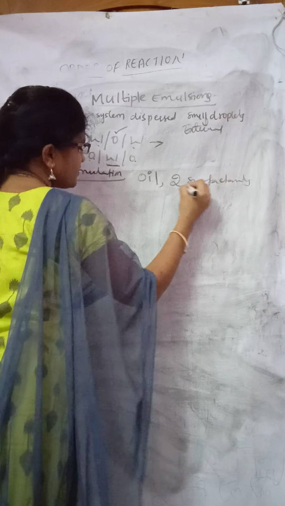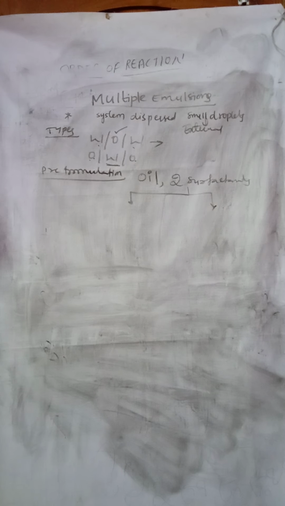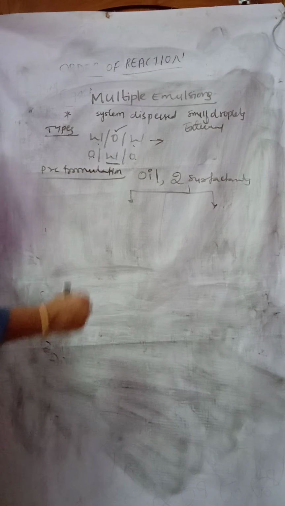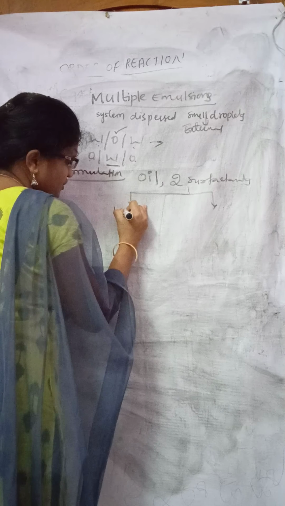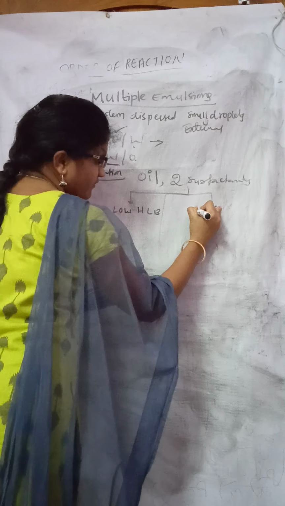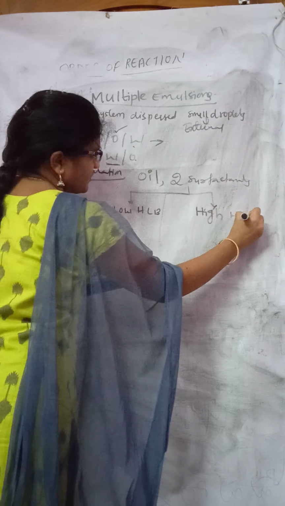These two surfactants you have to select based on HLB value. HLB is nothing but the hydrophilic lipophilic balance. Of these two surfactants, one should have low HLB and one should have high HLB.